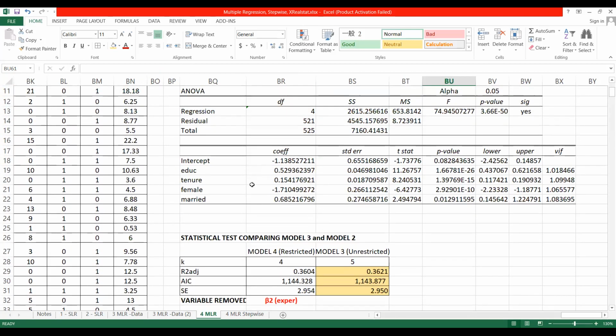Okay, anong ibig sabihin itong education? 0.529. Ibig sabihin, for every 1 year increase in education, there's a corresponding $0.529 increase in hourly wage, ceteris paribus. So let me write that.